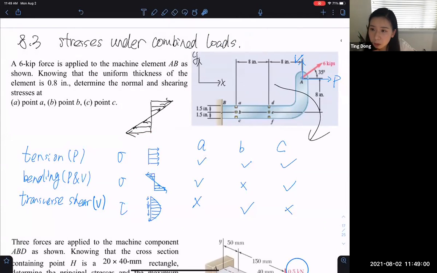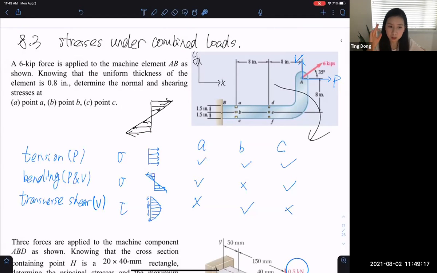Compression on top is negative, tension positive. So the sign convention for tension compression is always the same.